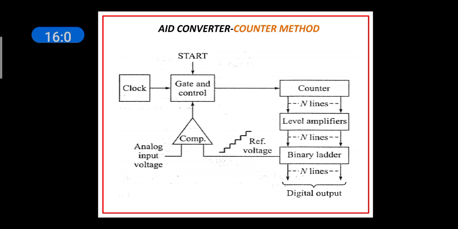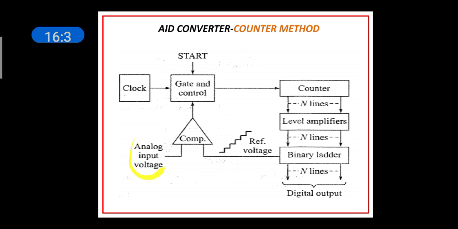When the analog input voltage is greater than the reference voltage, the error signal produced by the comparator will be closing the gate. In that case, the clock signal will not go to the counter, so the counter stops counting. When the counter stops counting, the n input lines of the binary ladder correspond to the digital output corresponding to this analog input voltage.